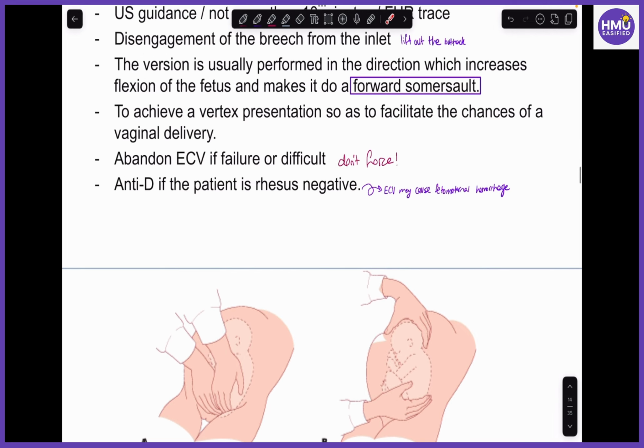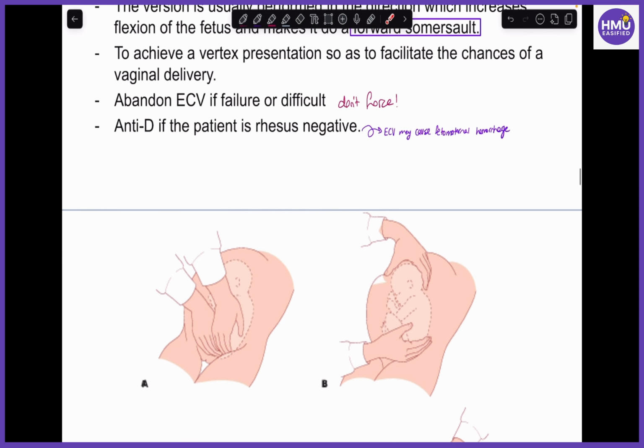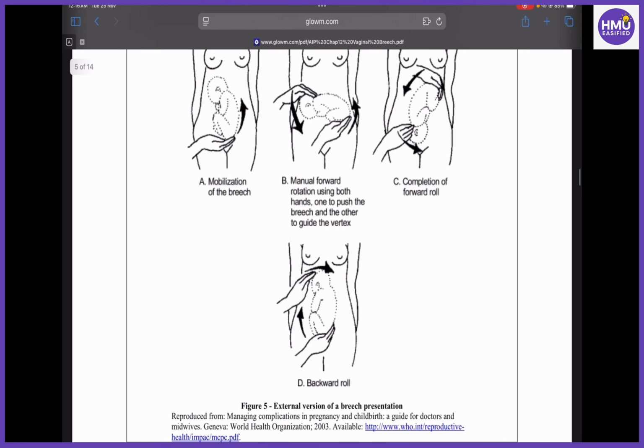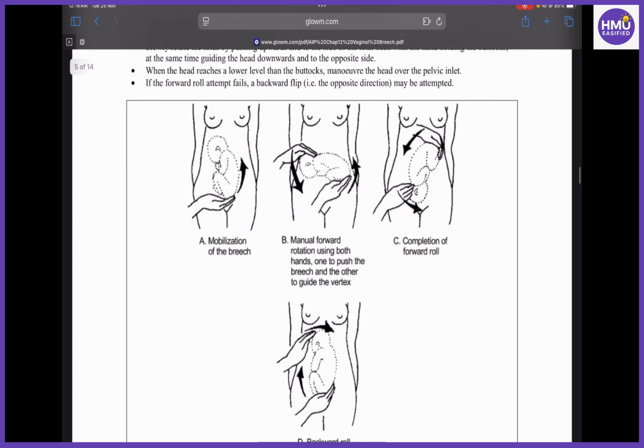We abandon ECV if there is failure or difficulty; we do not force it. Anti-D: if the patient is RH negative, ECV may cause fetal-maternal hemorrhage, so we give anti-D to prevent sensitization after the ECV.